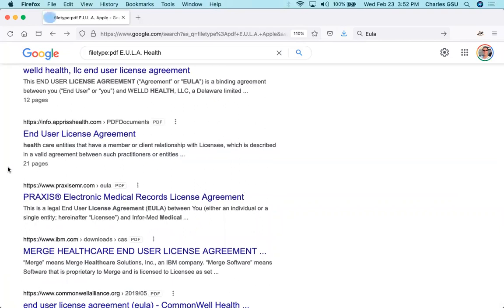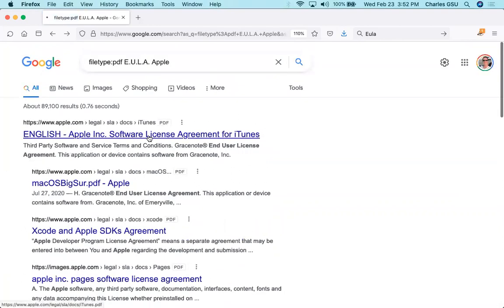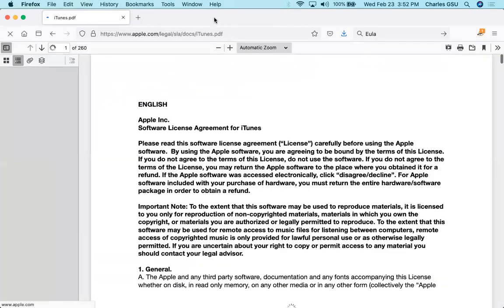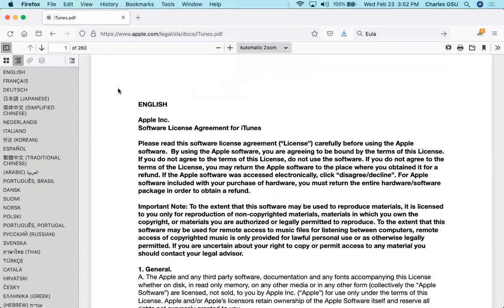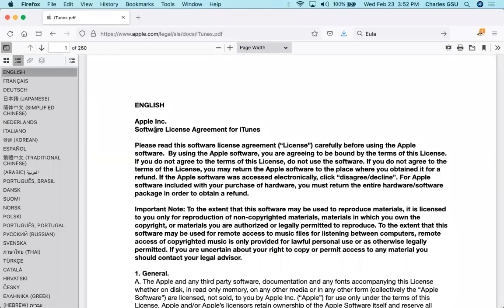Well, let me go back to this one here, the first one. So different languages, obviously, right? But just right up here, you can see how long this is. And in part, it's because there are different languages, right? But if I just choose English, of course, how many of you are really reading this?